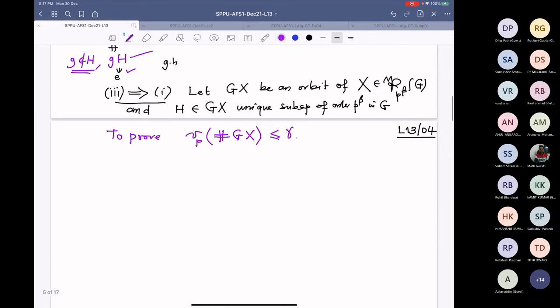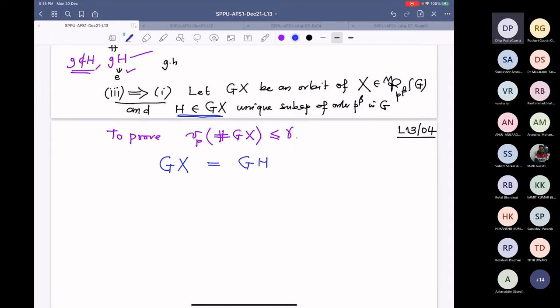So again, if H is an element in that orbit, I know the orbit. Because of this belonging, I say Gx and Gh are the same. Isn't it?